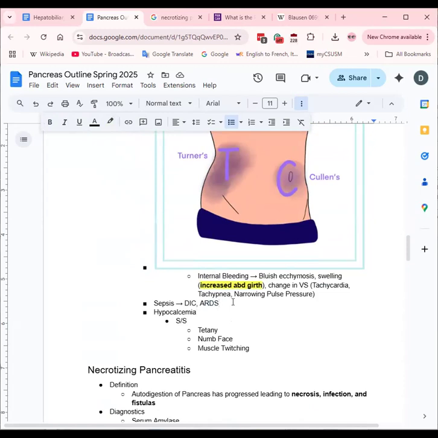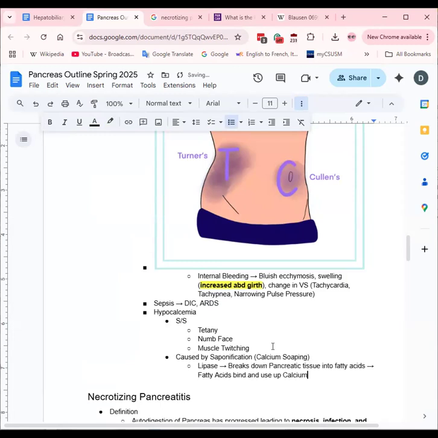And then another thing that can happen is hypocalcemia. The reason for that is what he mentions as saponification, which is calcium soaping. This is all you really need to know: the calcium goes down.